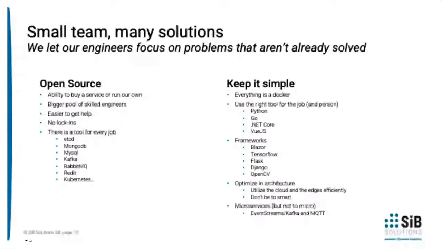Of course, some things we do change to Go or similar when we need to be able to use multiple threads, which Python is bad at. But yeah, we try to not optimize too early. And don't be too smart about things.